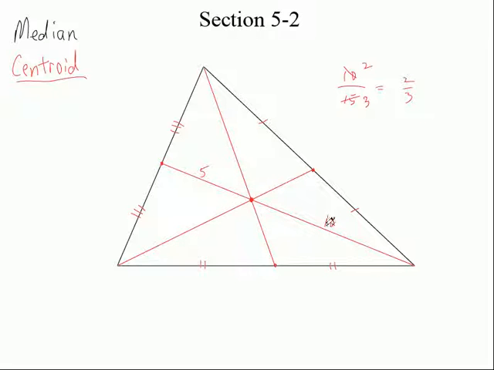So which one's the longer section? From the vertex to the centroid. From the vertex to the centroid is twice as big as it is from the centroid to the midpoint. You hear me? We had a problem on the honors class test, and the picture wasn't exactly drawn to scale, and they couldn't tell which one was the bigger one.